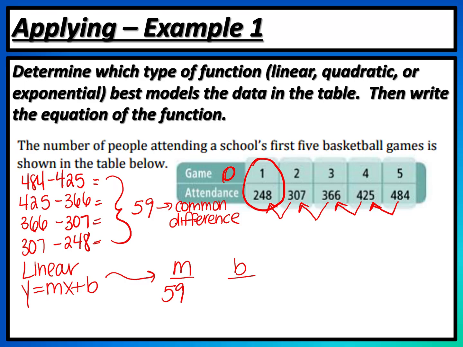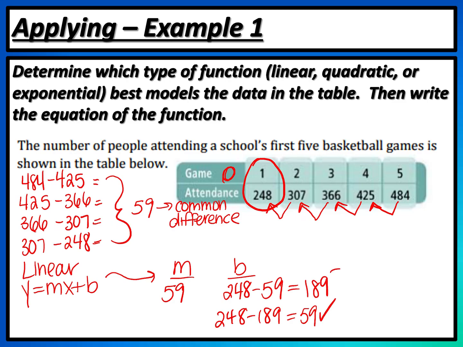So we're going to walk 248 backwards using our common difference, and we find our b value is 189. Then you could test that. You could say 248 minus 189 and make sure you get that common difference.